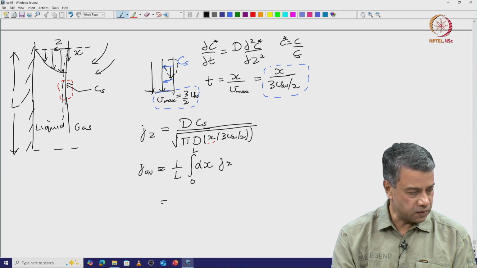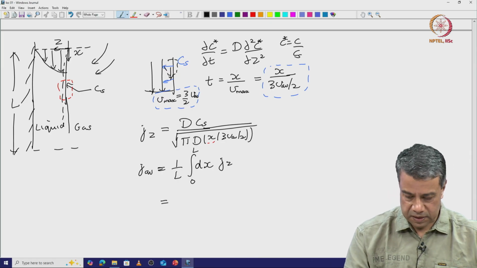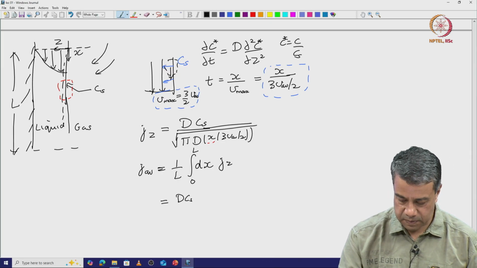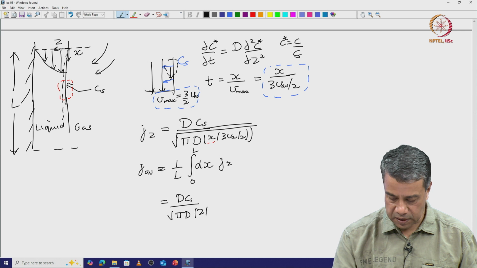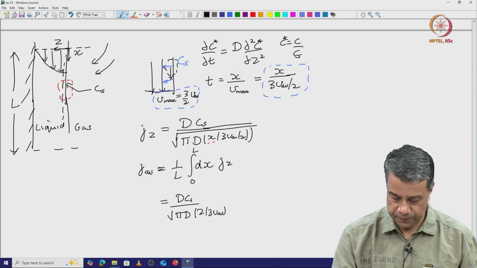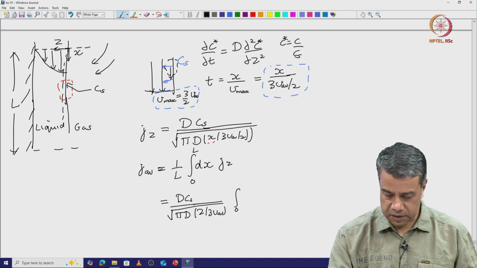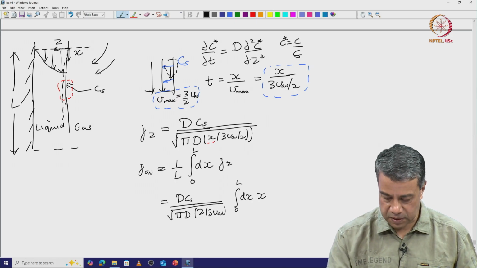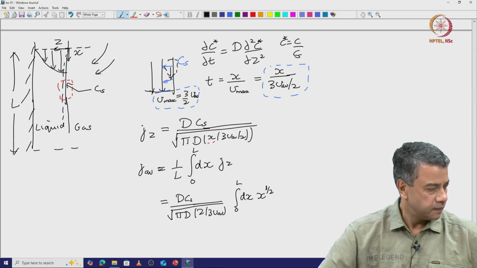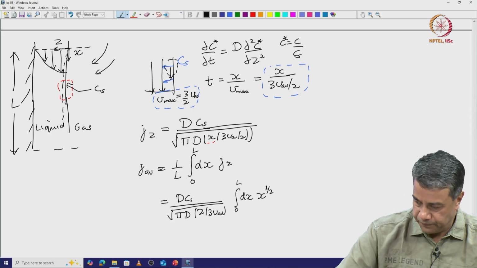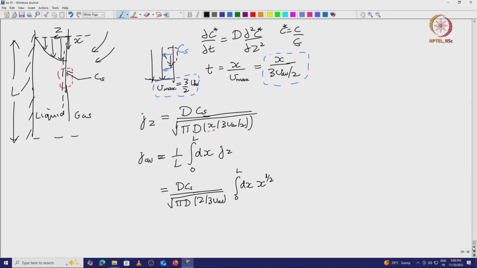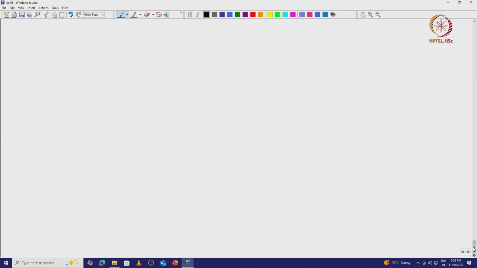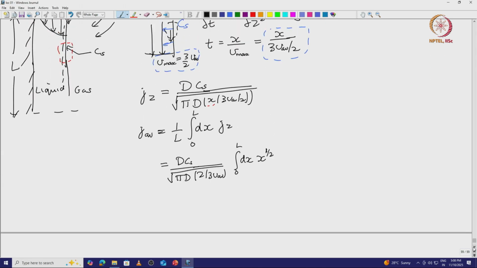So, if you do the integral, you will get D Cs by root pi D into root of 2 by 3 V average, integral 0 to L dx times x to the half. You can do this integral, it is basically 2 times L to the half.